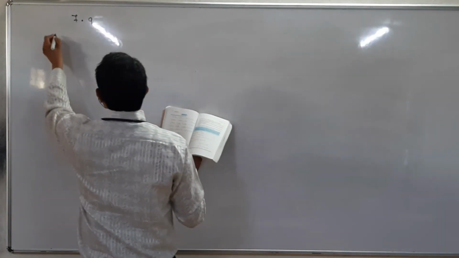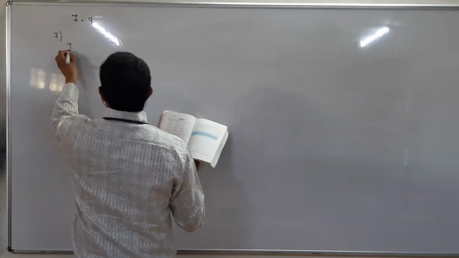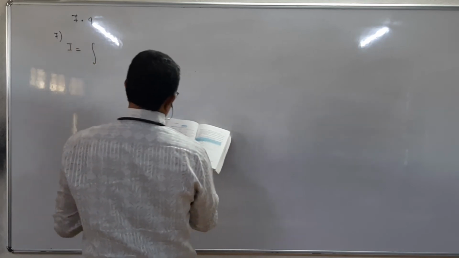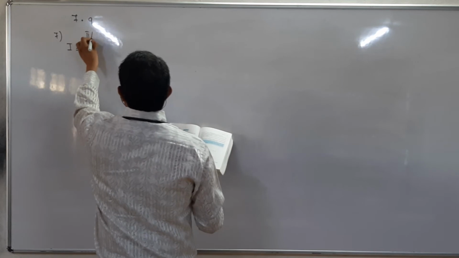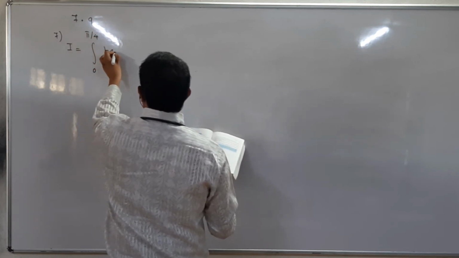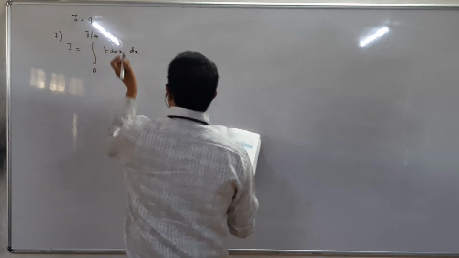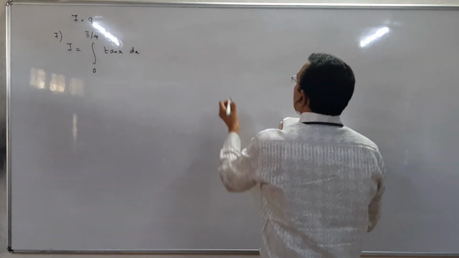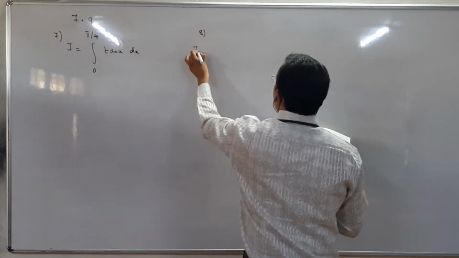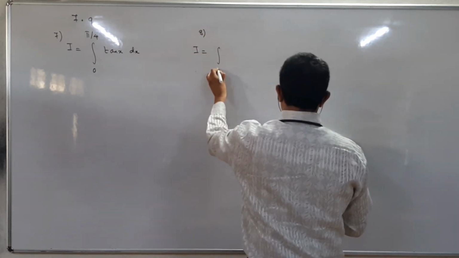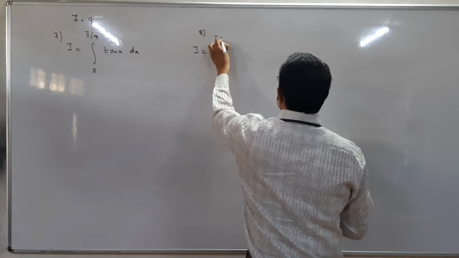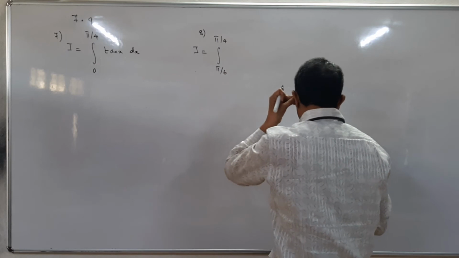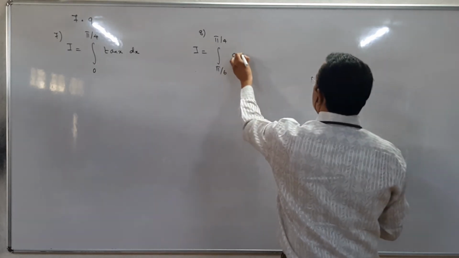Okay, question 7. I is equal to integration 0 to pi by 4 tan x dx. Question 8. I is equal to integration pi by 6 to pi by 4 cosec x dx.